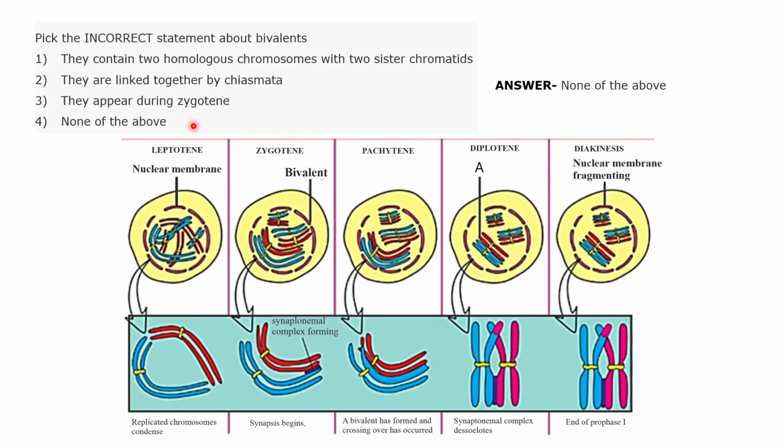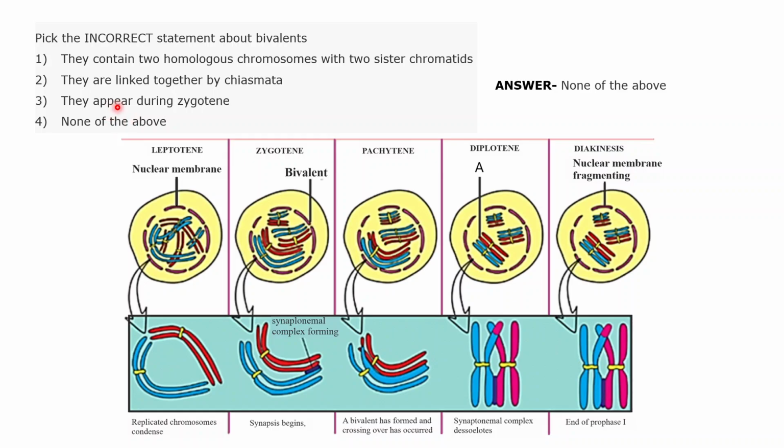Great. So you can see in this diagram, I'm just repeating, bivalent formation starts within the zygotene stage, but is completed within the pachytene stage. So it's not that they appear only in pachytene. In zygotene they start to appear because of the formation of the synaptonemal complex, but it is completed in the pachytene stage where crossing over takes place, right?